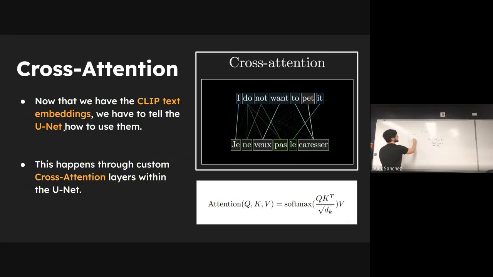What this pixel does is it asks, yo, what words are related to me? We're doing this with a pixel now, right? This is why it's called cross attention. We're querying the text key and text value.